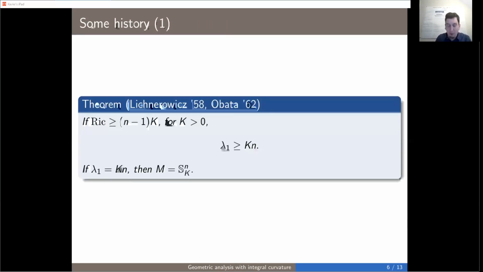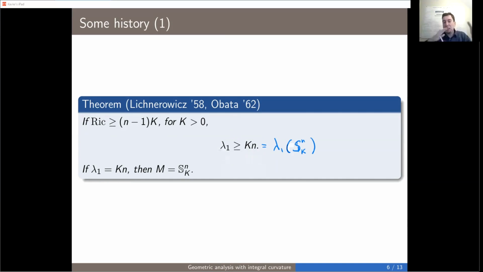Maybe one of the earliest results is due to Lichnerowicz in the 50s. The theorem of Lichnerowicz says that if you have a manifold with positive Ricci curvature, so here we have k positive, and your manifold has more curvature than a sphere, then lambda 1 is going to be bounded below by kn, and this estimate is actually sharp because kn is the first eigenvalue of a sphere with constant curvature k.